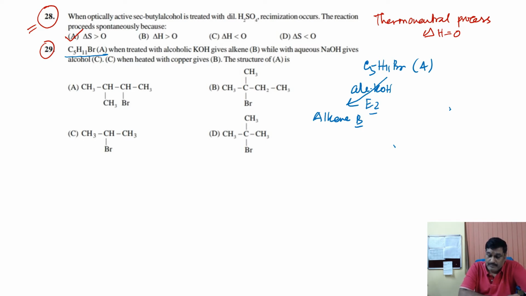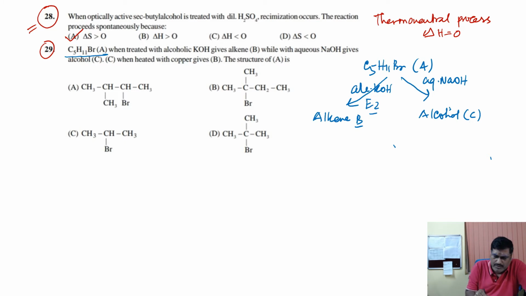And while with aqueous NaOH, that is for substitution, right, gives alcohol C, right? Here the alcohol forms, and that is C, right? Now the point is here.